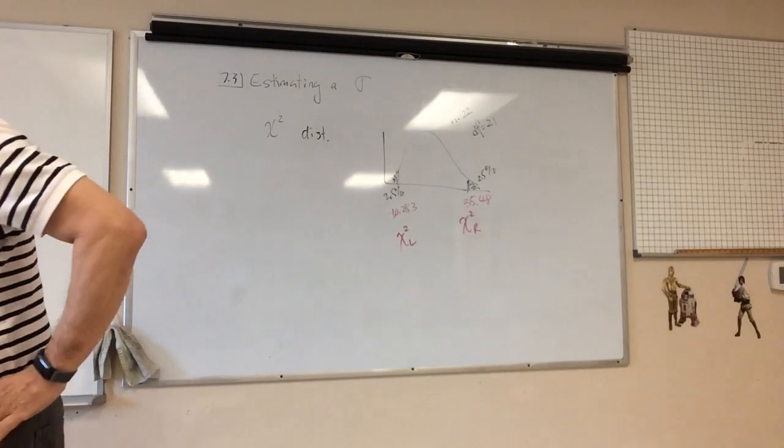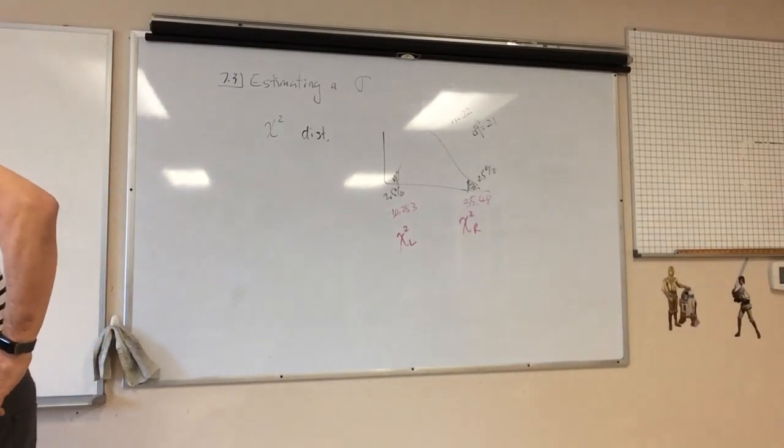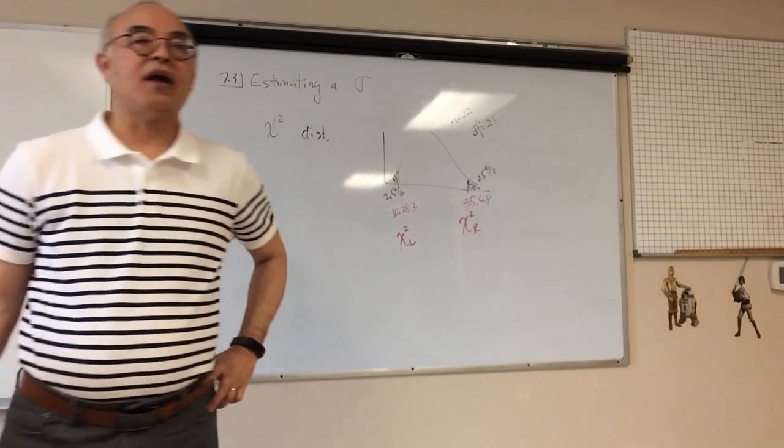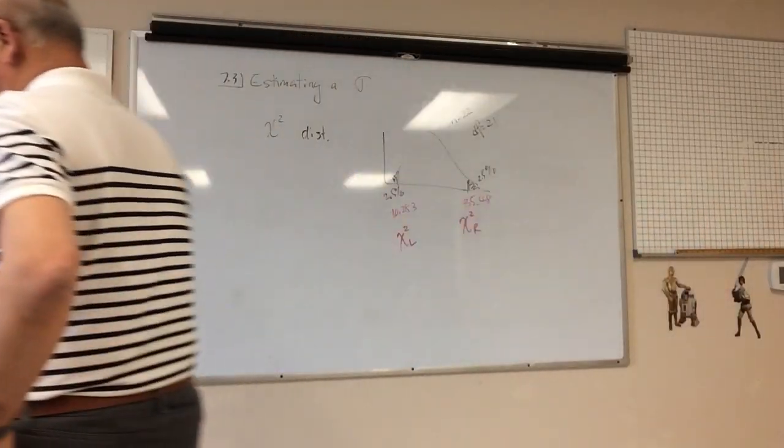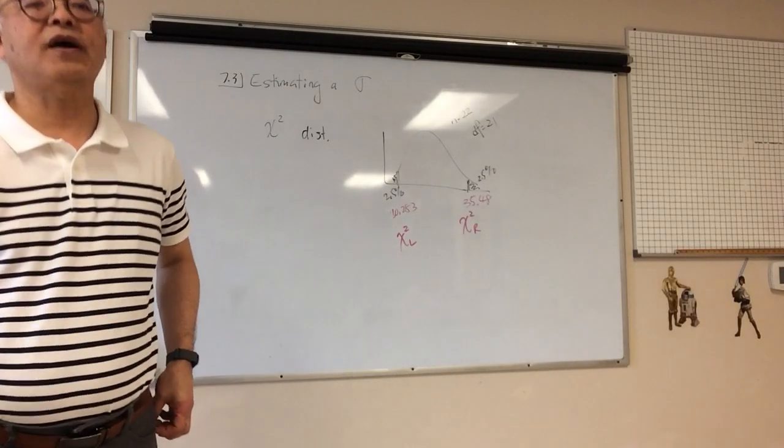Okay. So let's go back to the table. I want to explain to you why I flipped those numbers. We'll go back to the table at page 687. On the very top, what does it say? Area to the right of the critical value.